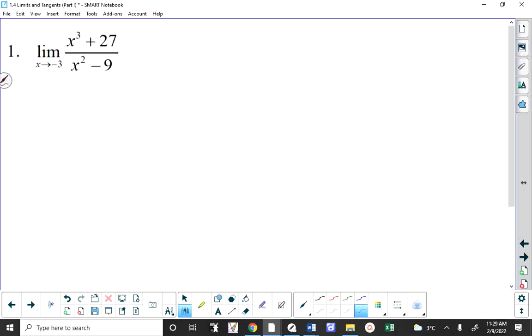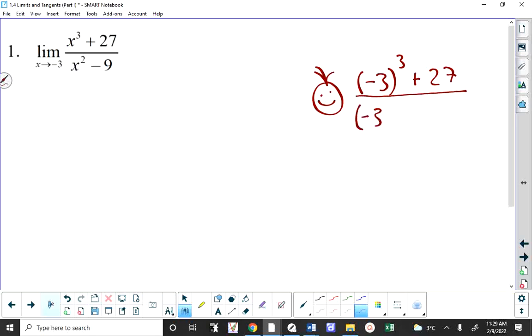The first thing you want to do with either of these limits, of course, is see what happens when you substitute the value that the variable is approaching in for the variable in the function you're taking the limit of. So when we try to put -3 in for x, we would get (-3) cubed plus 27 over, in brackets, (-3) squared minus 9.